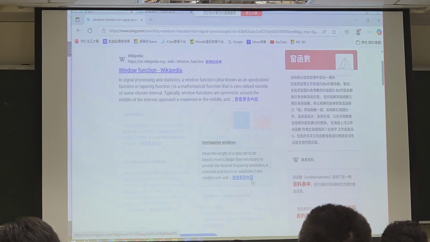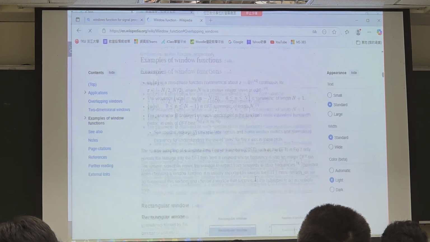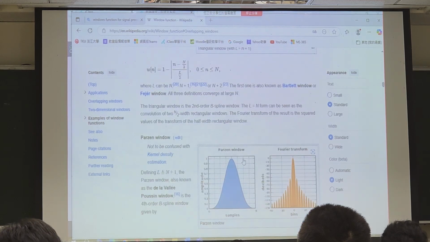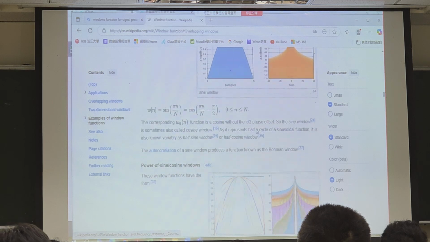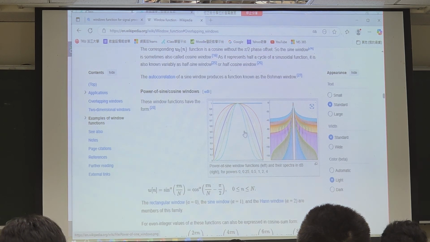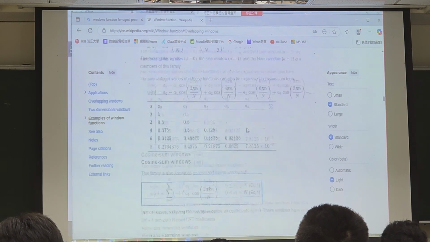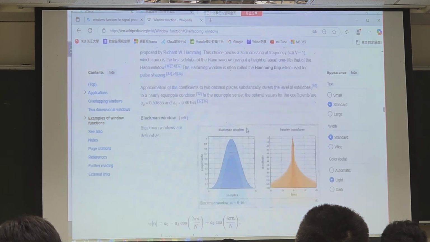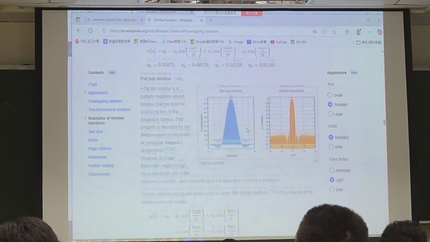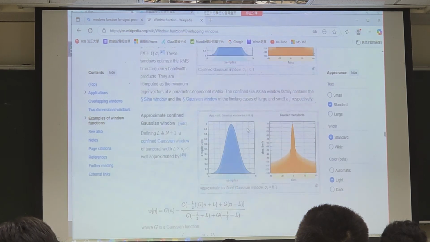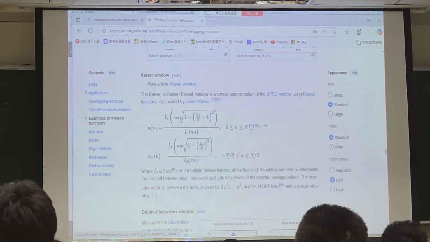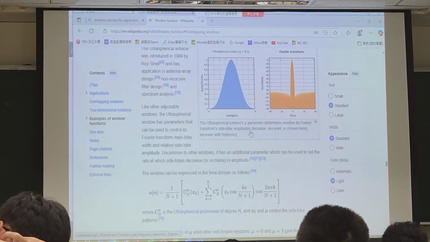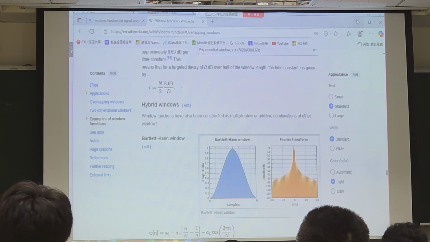Yeah, there are many out there. Different parameters give you different functions. Quite a lot. So there are many functions you can choose.